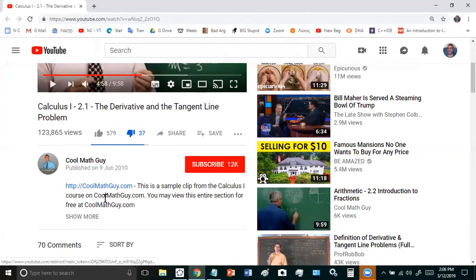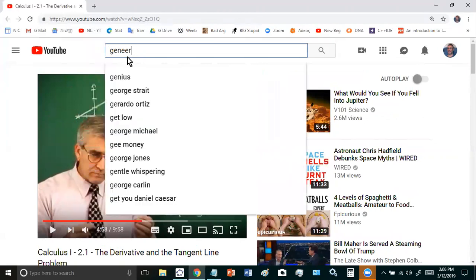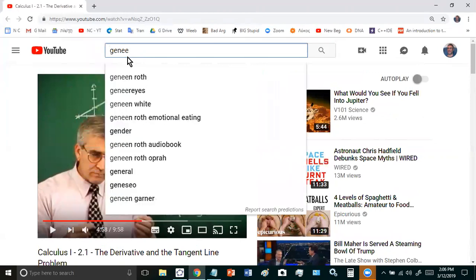So at any rate, this tangent line problem has been around for almost 380 years, almost 400 years, and I was the first to solve it geometrically. You can find a general proof of this. Let's see here.